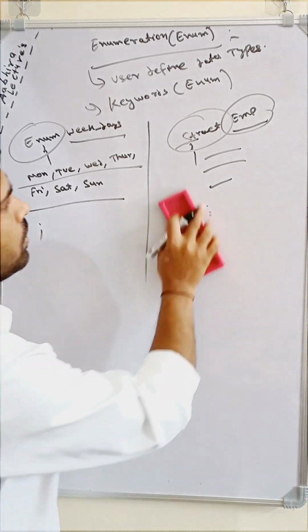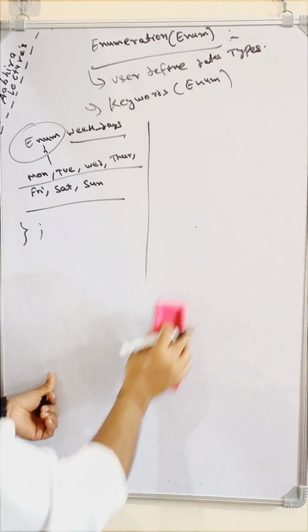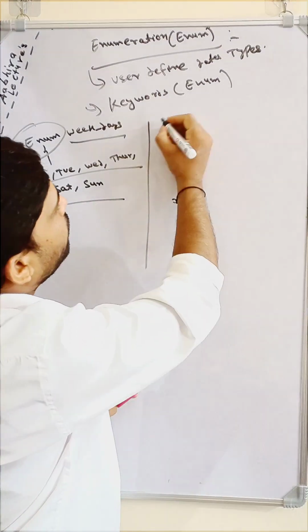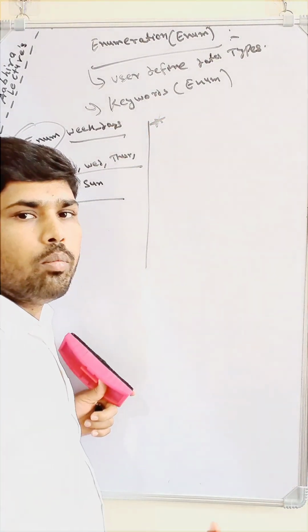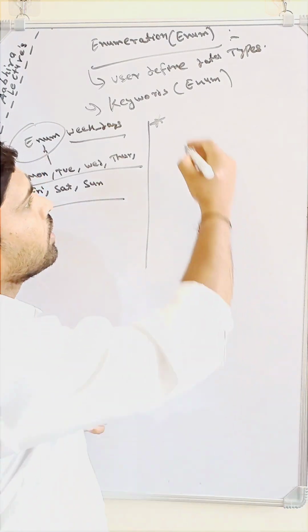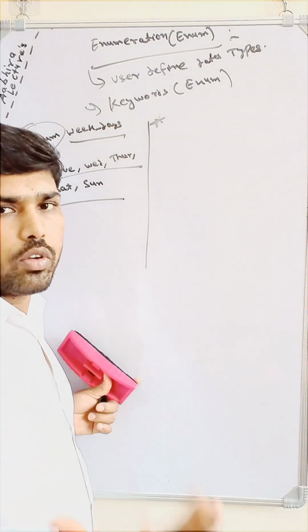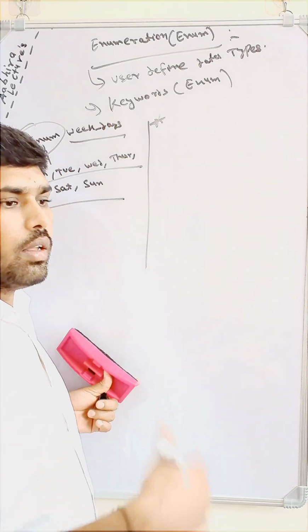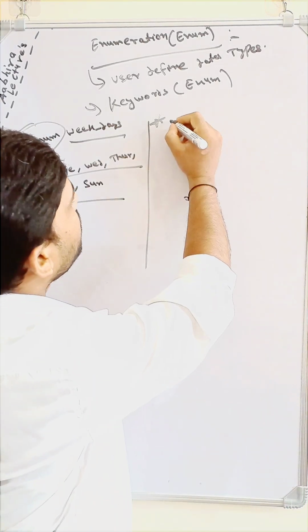One more thing: enum changes from character to integer value, an integer number. That is the main purpose for which we use enum.